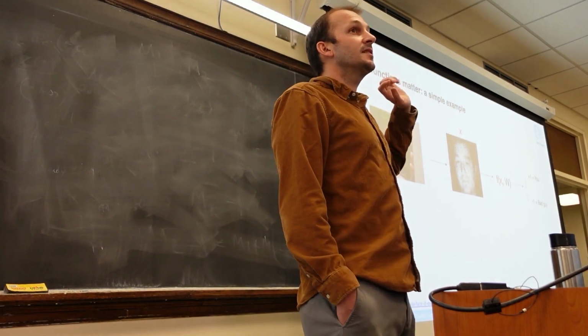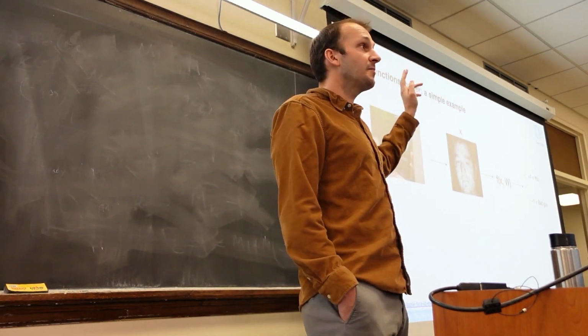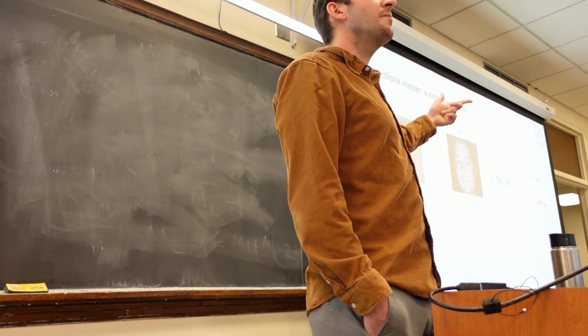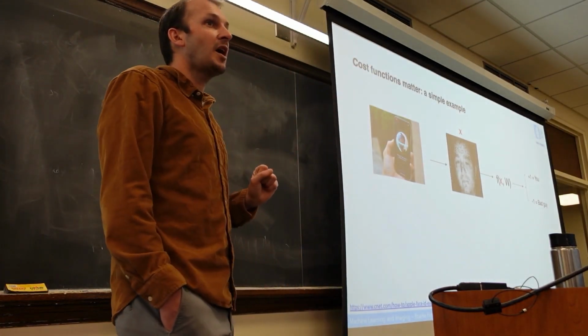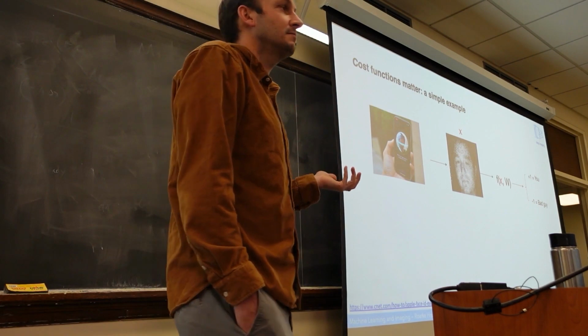And our output is a binary decision, which can be represented by a scalar number, +1 being yes, that is the person, and -1 being no, it's some bad guy, someone trying to break into your phone. Okay, so it's exactly the same problem we've just been talking about, put in context.